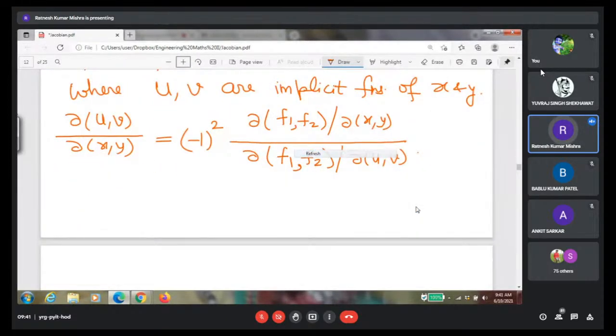Suppose I want to extend this, in this case u and v are implicit functions of x and y.